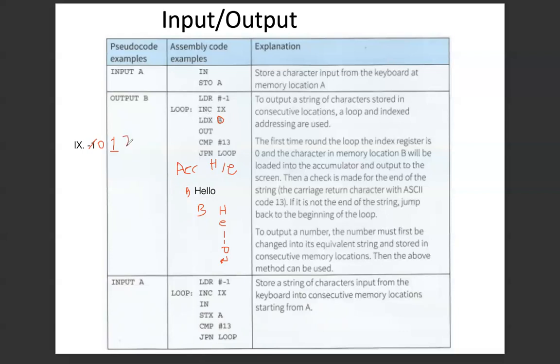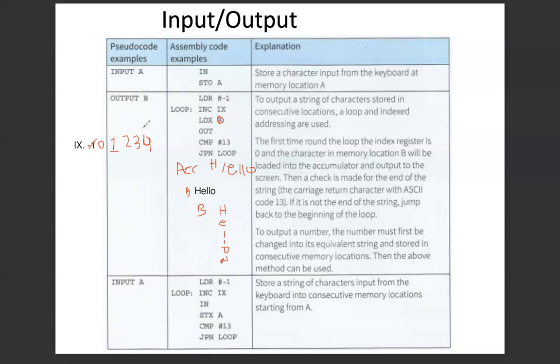Increment the IX to 2, LDX to 2, L will come on the screen. Then same thing, index 3, L will come on the screen again. Finally, index position 4 and O will come on the screen. And at the end, my ASCII value for O is still not 13.